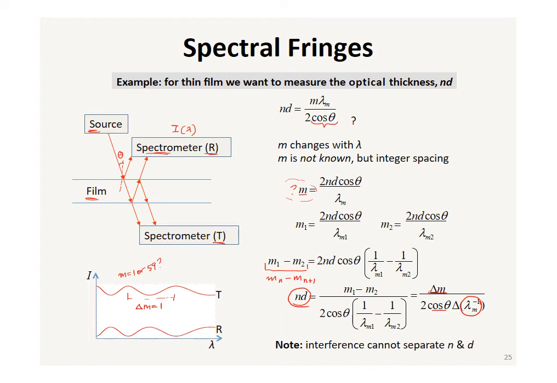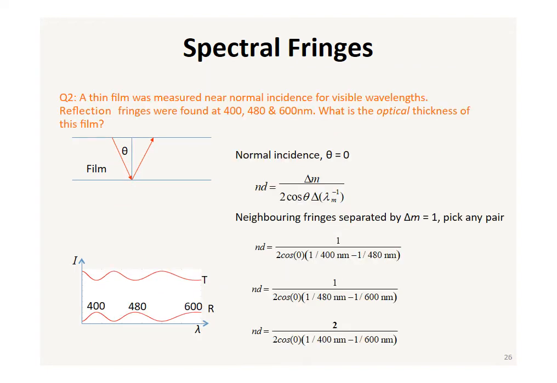Notice that interference can't actually separate out the n, the refractive index, and the d. So this is a straightforward problem. We've got a thin film, measured at normal incidence or near normal incidence in the visible wavelength range. We've found in the visible wavelength range 3 reflection maxima at 400, 480, and 600 nanometers.